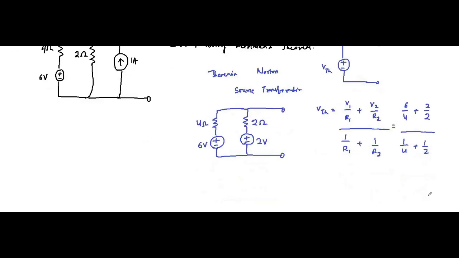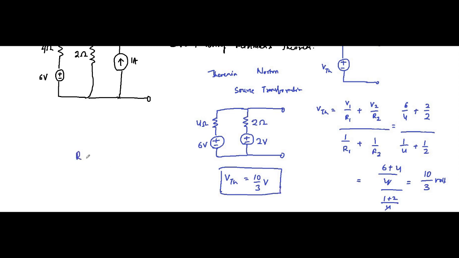That is equal to, over 4, 6 plus 4, here it is also 4, so 1 plus 2, equal to 10 by 3 volts. So VTH is equal to 10 by 3 volt.